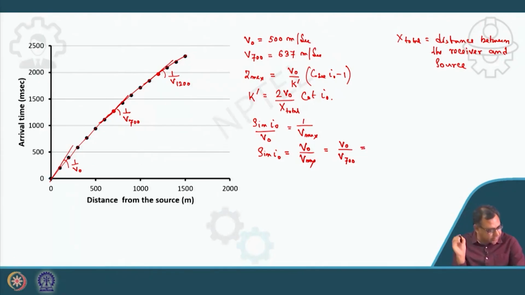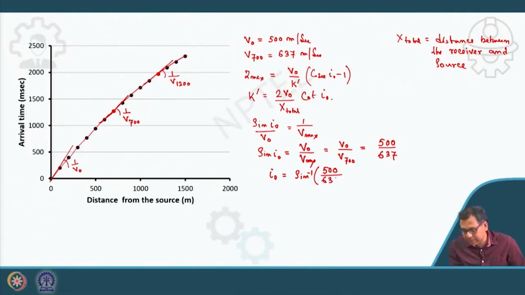So that is equal to 500 by 637. So my I0 will be sine inverse 500 by 637, which is equal to 51.7 degree.